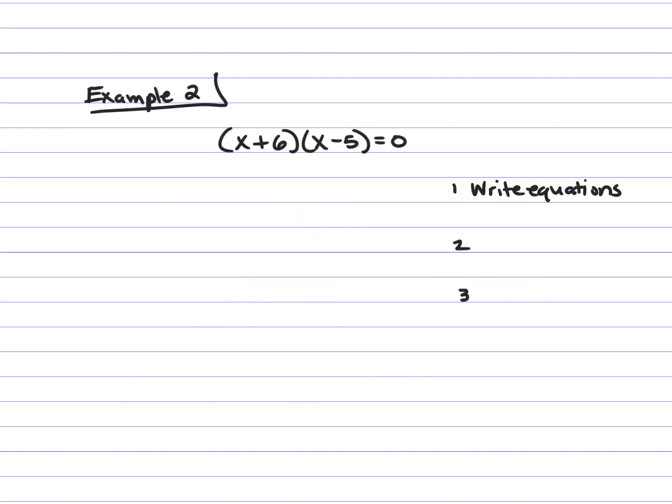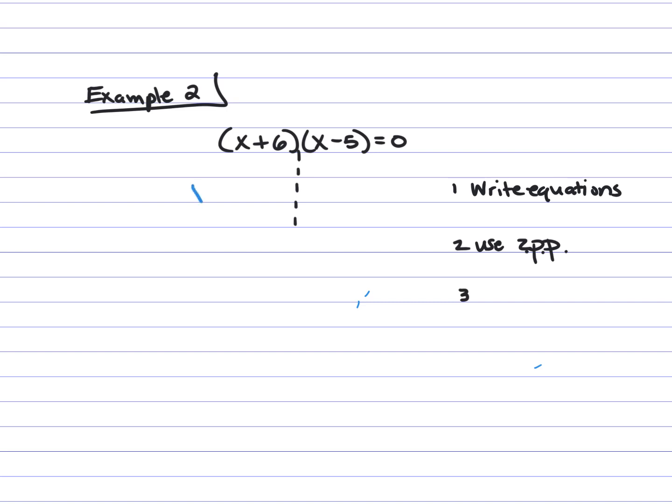Example 2. We have x plus 6 times x minus 5. Again, we've written the equation. Now we're going to use the zero product property, ZPP, and set each factor equal to 0.